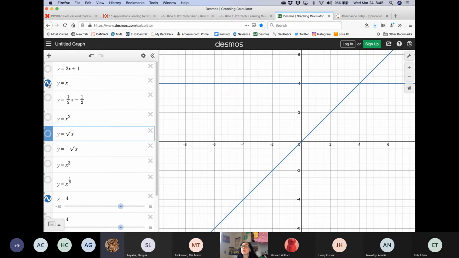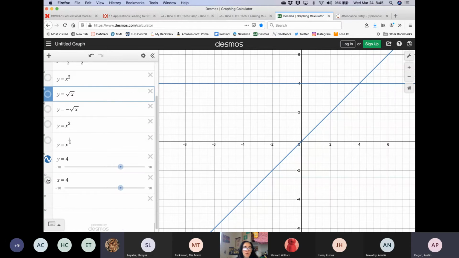What is the image going to be? Can you give me the equation of the image? x equals 4. Beautiful. And is the image a function? No. So this horizontal line becomes the vertical line.